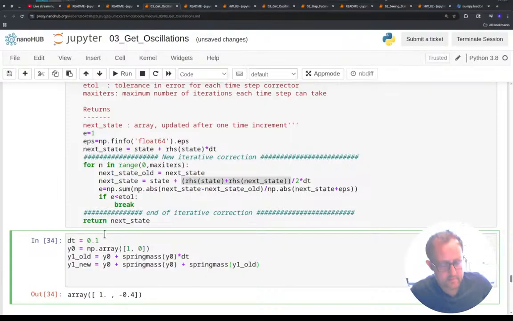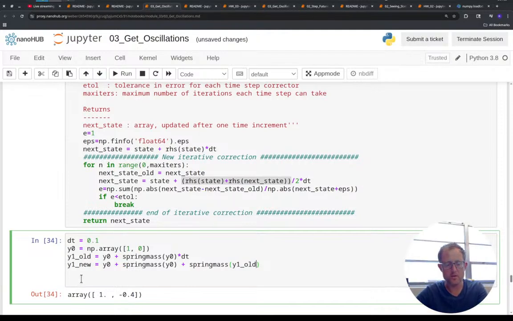I haven't defined y1 new yet. y1 new is based on y1 old. I take this whole thing, divide by 2, and multiply by that time step.